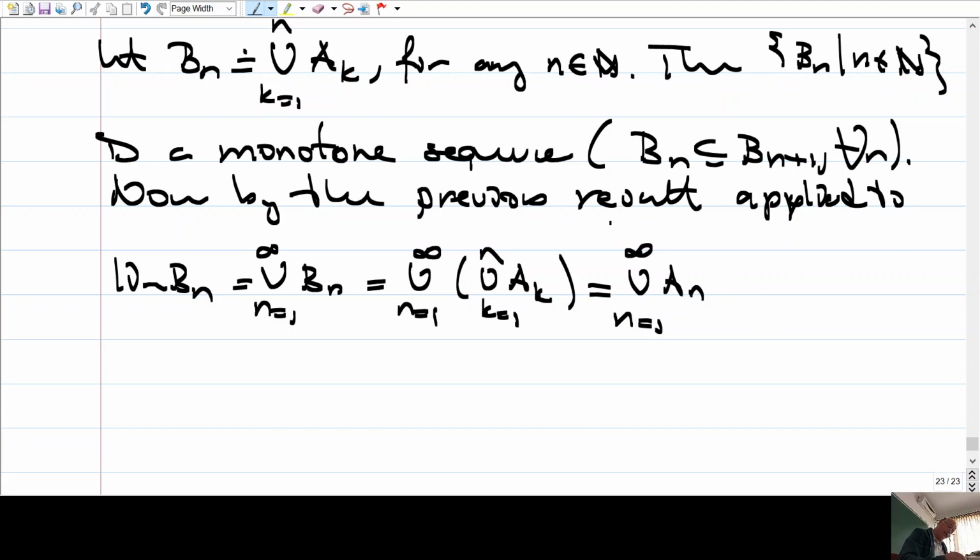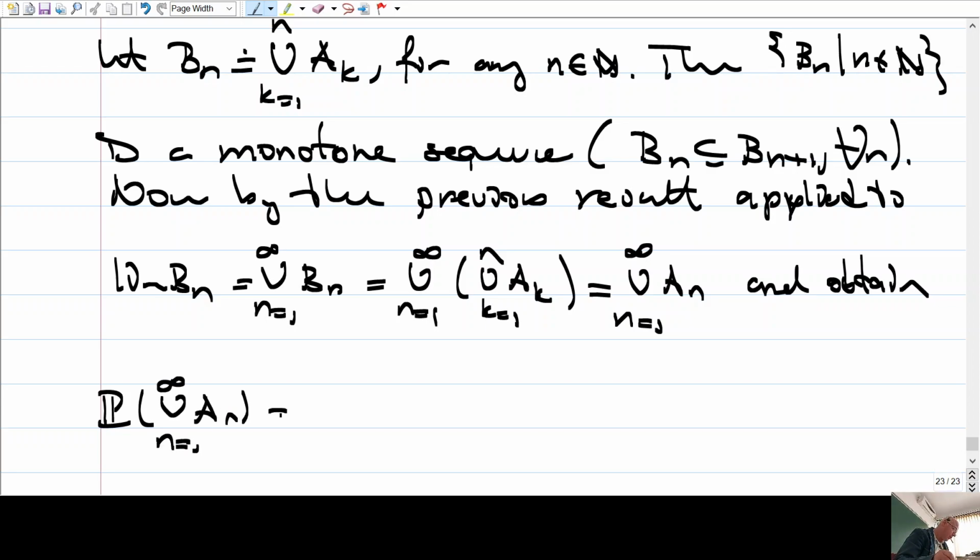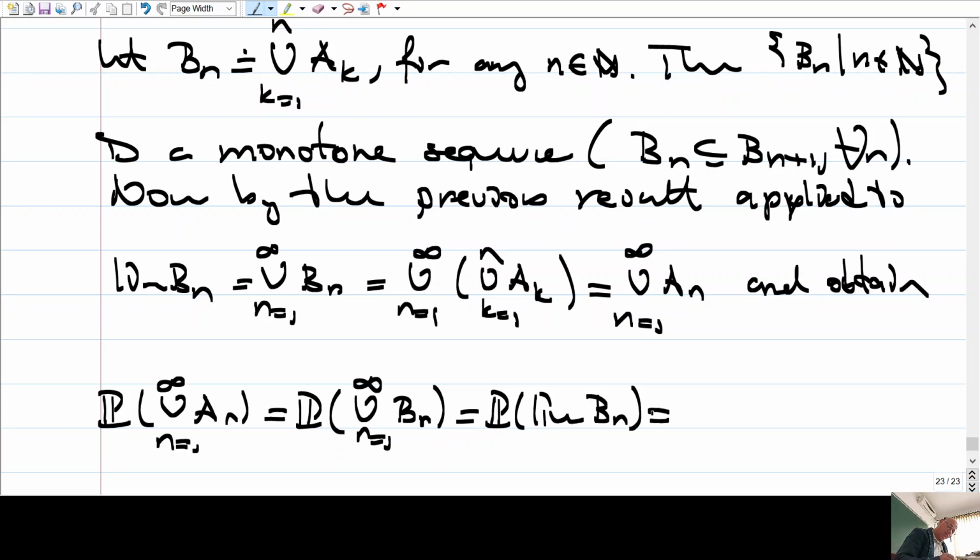So we apply the previous result to this and obtain, P of the union of ANs. Well, this union is this union, so this is the same thing as the probability of the union of BNs. But this is a monotone sequence, therefore this union is just the limit of BNs, and I can take the limit outside.